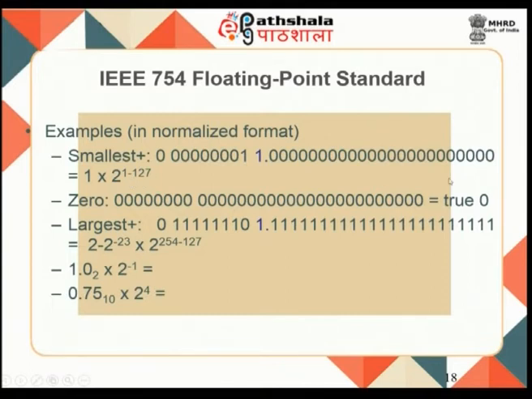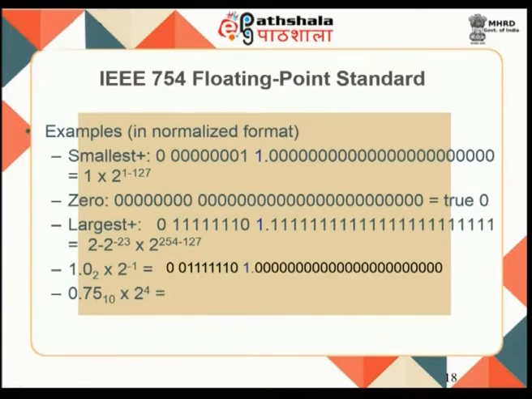Similarly, this is the representation for 0, and the largest value is represented by this, where you have a positive number. This is the biased exponent value, and this is 1 point followed by all ones, which is represented by this number. Similarly, if you have to represent anything else, you can always find out what it represents.